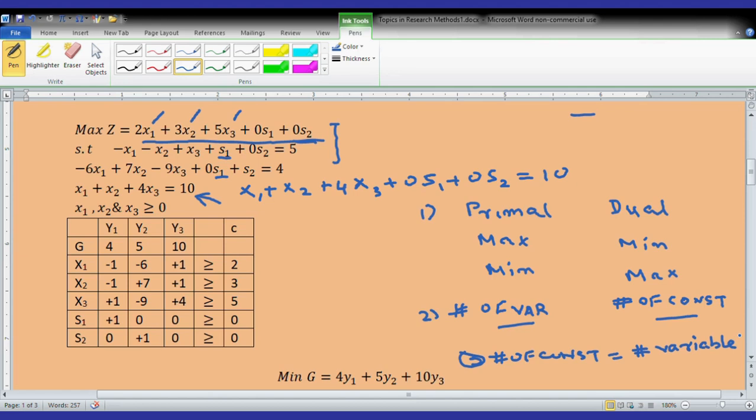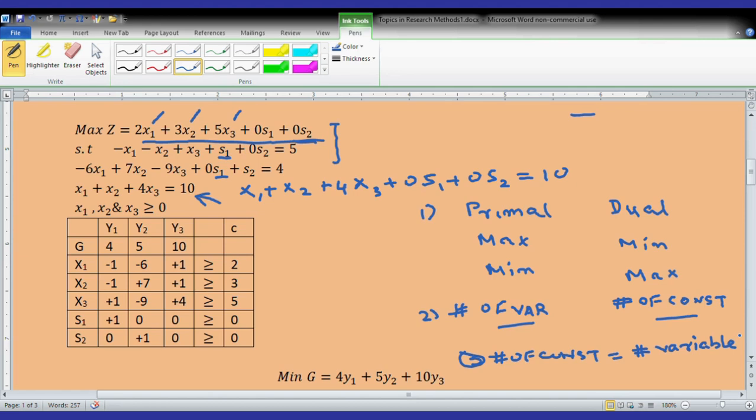Sometimes there may be other reasons to convert a primal into dual. You could look into some operations research textbook to see what advantages might be available when you wish to convert your primal into dual.